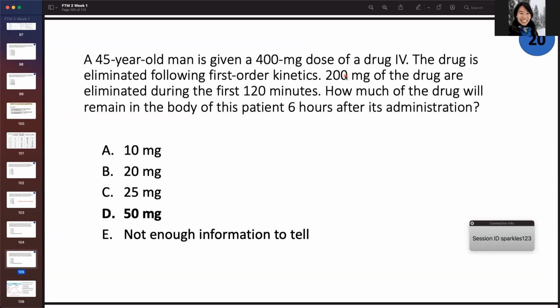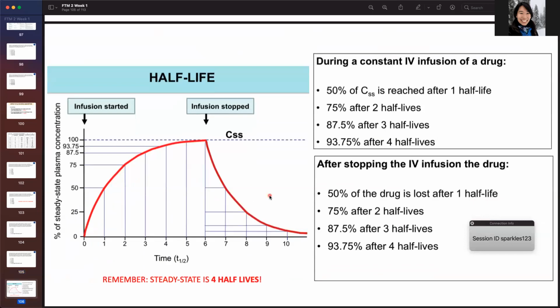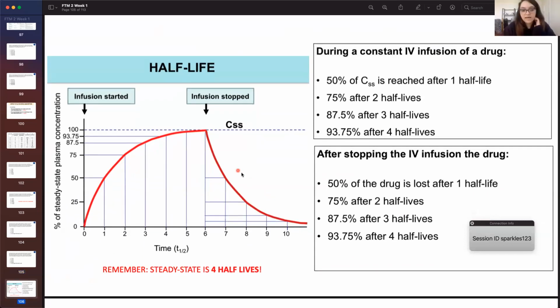So that's 100 milligrams. Yeah. And so then after another 2 hours, which puts you at the 6-hour mark, it would be 50% of the 100. So that should be 50 milligrams, which is what D is. That's how you guys are thinking of this, right? Exactly. That's exactly how I think about it.